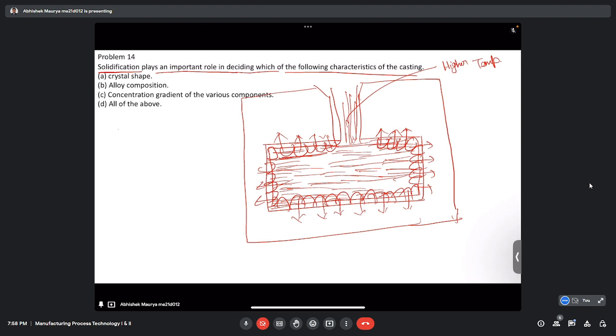Suppose this is our mold wall, and just after pouring the molten metal, the metal near the mold wall gets solidified. This is the interface of molten metal and solidified metal.